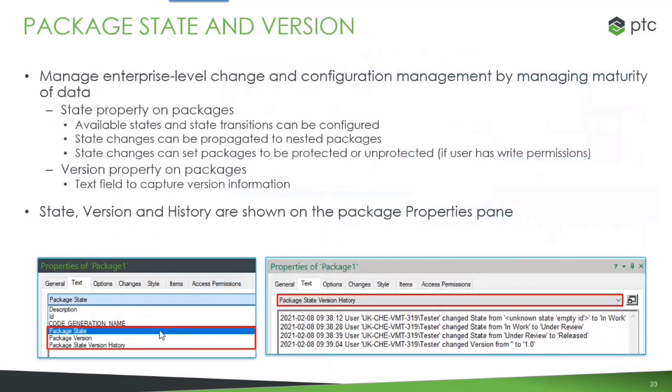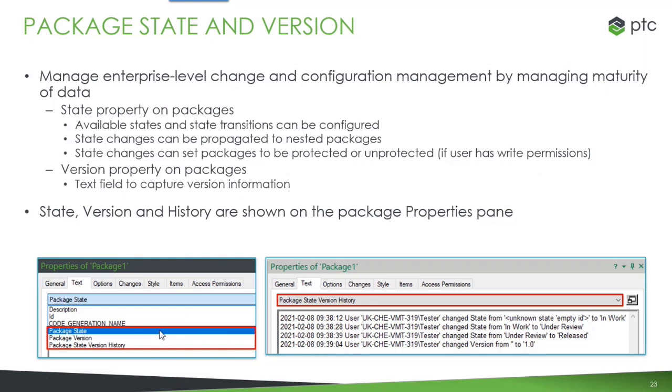I mentioned briefly earlier that we have the ability to set package states and versions. We can control the maturity and the version of a package by setting a property. It's a standard property that we see against packages. We choose the text tab and then we can see the different properties: package state, package version. This gives an easy way of managing and understanding the maturity of the model design.